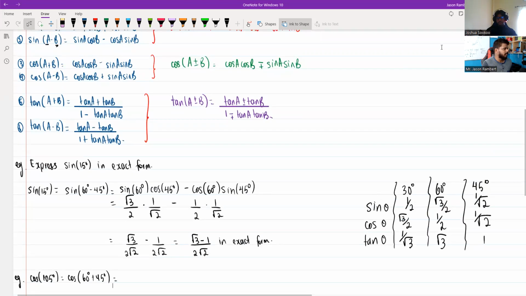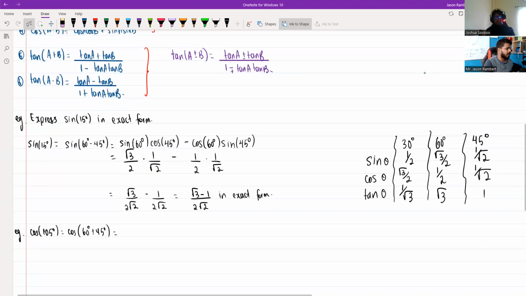This will be corresponding to the third formula. So A is 60 and B is 45. So here I'll have cosine of 60 degrees, cosine of 45 degrees, minus sine of 60 degrees, sine of 45 degrees.